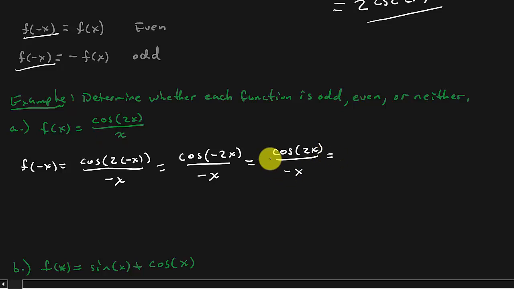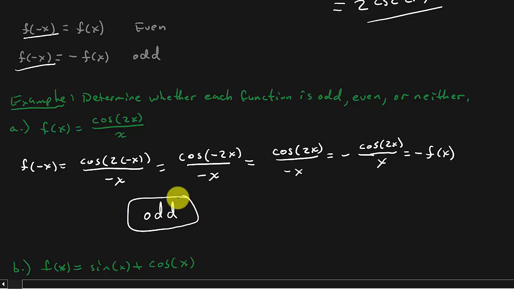Let's take this negative and move it out front. You see that? So what I have now is negative, see the negative right here, and then what's cosine 2x over x? Well, cosine 2x over x is f of x. So you can see I got f of negative x is equal to negative f of x, so that means this is an odd function.